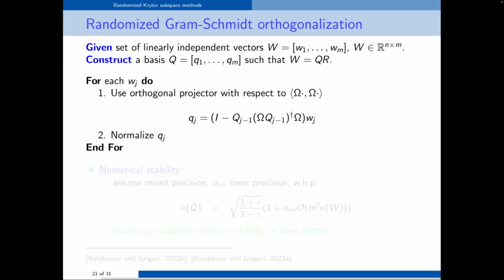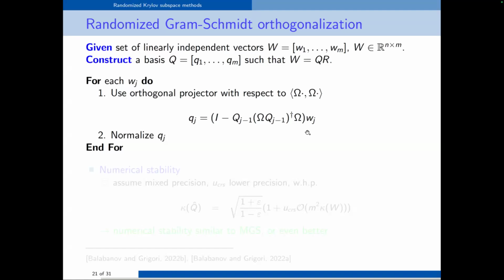So that's the idea we are going to use, and we have used it to derive first the randomized Gram-Schmidt orthogonalization process, in collaboration with Oleg Balabanov. And how this works, so this replaces the classical Gram-Schmidt or the modified Gram-Schmidt. The main idea is to replace the orthogonal projector, which is used in Gram-Schmidt, with a projector which is orthogonal with respect to the inner product induced by omega.